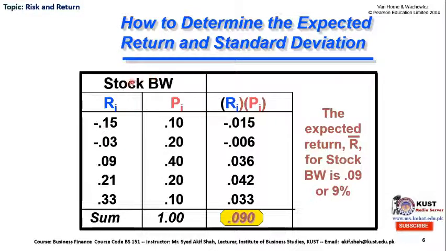Its data regarding the return and the probability is in the first and second columns. And then we calculated the expected return, which is 9% on the investment in the stock of Basket Wonder.